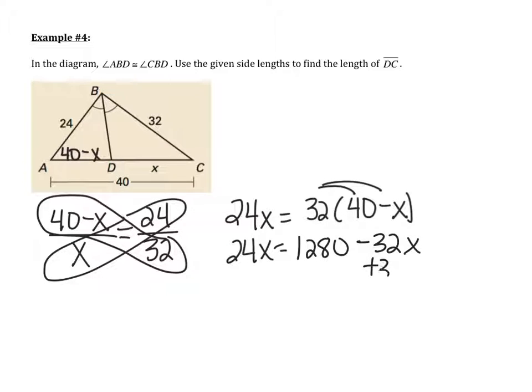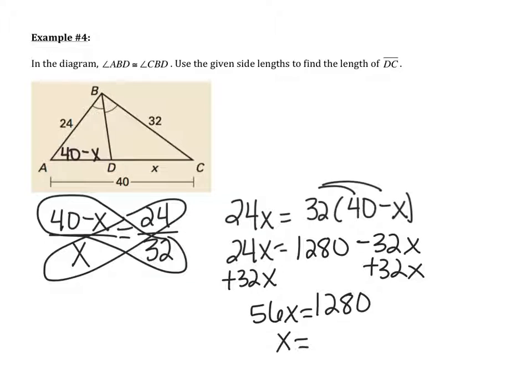I would then add 32x to both sides and end up with 56x equals 1,280. When I divide both sides by 56, x is 22 and 6/7. So about 23 units long.